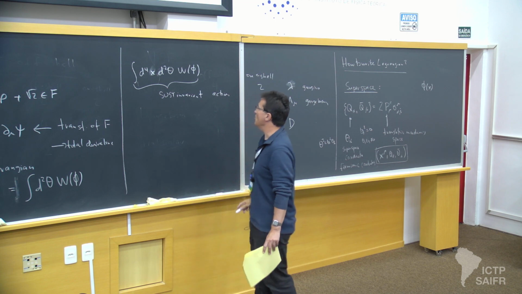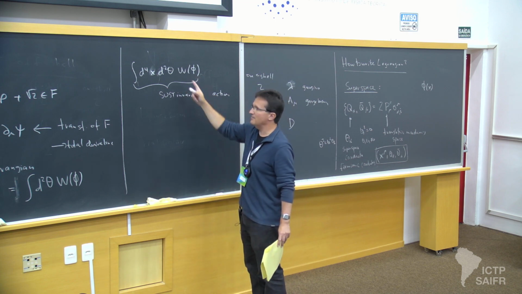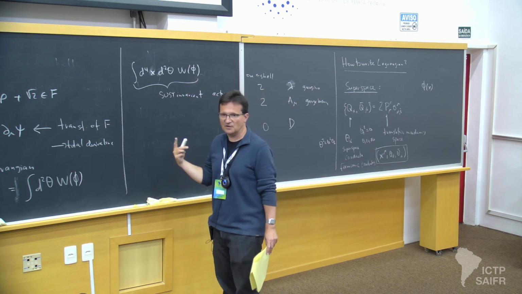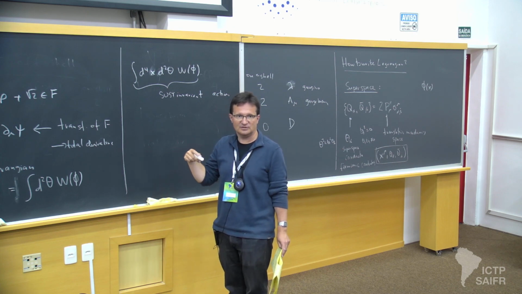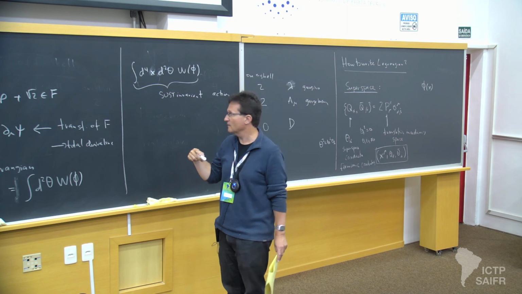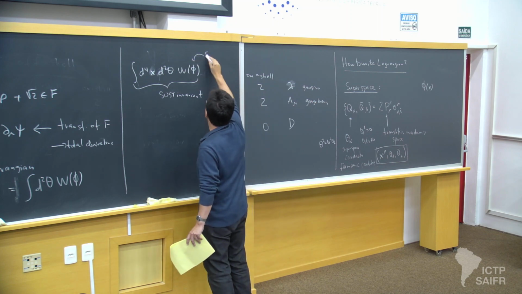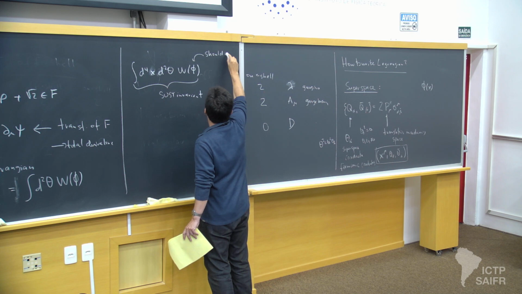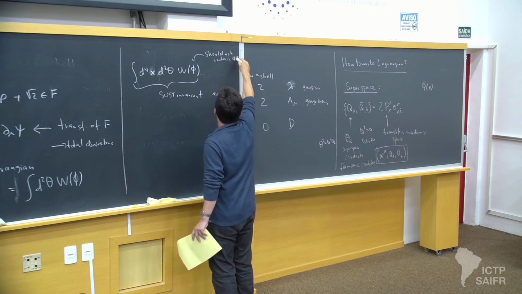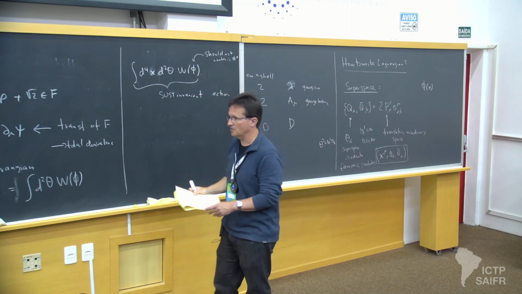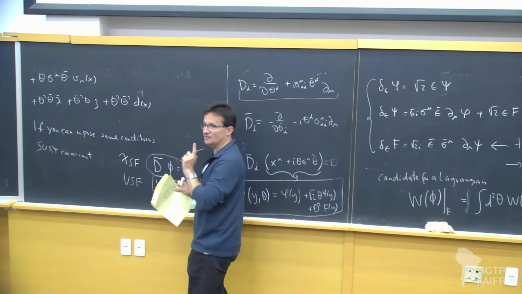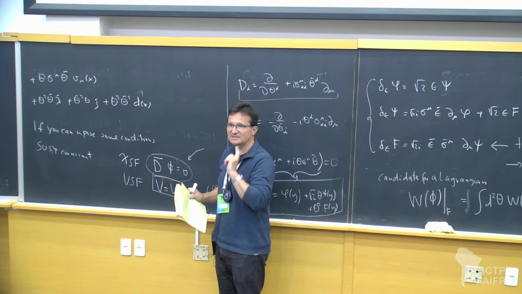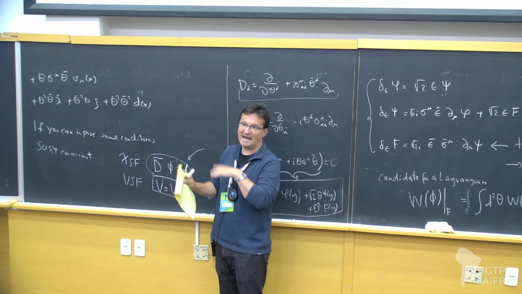Now, one thing that's important is that, of course, this W should only be a function of the chiral superfields. It should not be a function of the complex conjugates of the chiral superfields. So it should not contain phi dagger, because if you take the D bar on phi dagger, that's not 0. So that's not a chiral superfield. It's going to be an anti-chiral superfield.